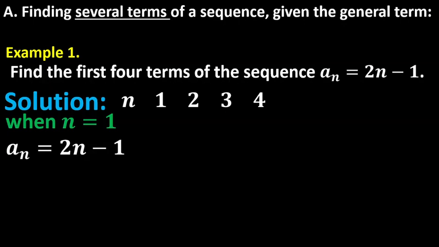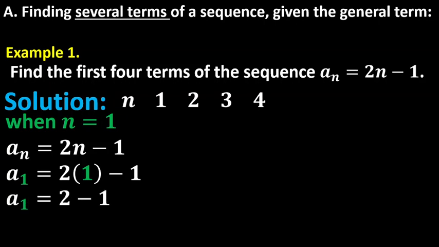To solve it, you just simply substitute the value of n by 1. Kasi n is equal to 1. Yung lahat ng n na makikita mo, papalitan mo ng 1. So, a sub 1 is equal to 2 times 1 minus 1. Okay. Next, 2 times 1, that is 2 minus 1. No, 2 minus 1, that is 1. So, your first term is 1.